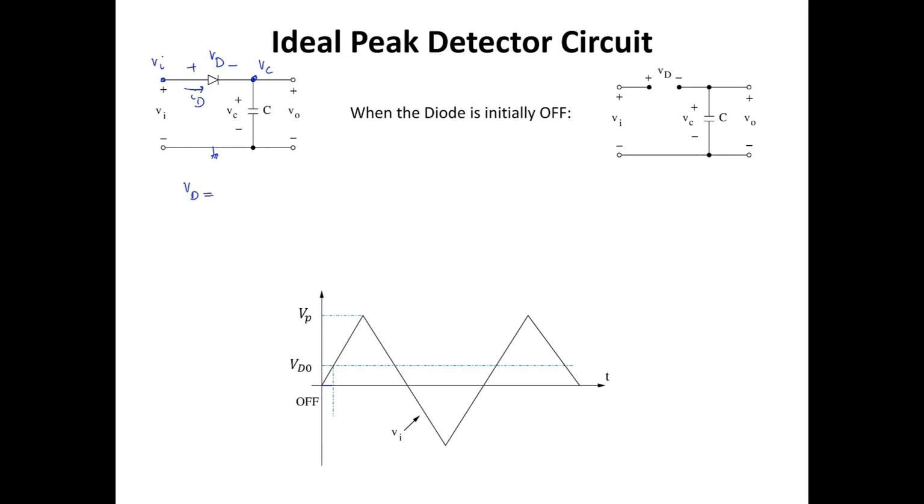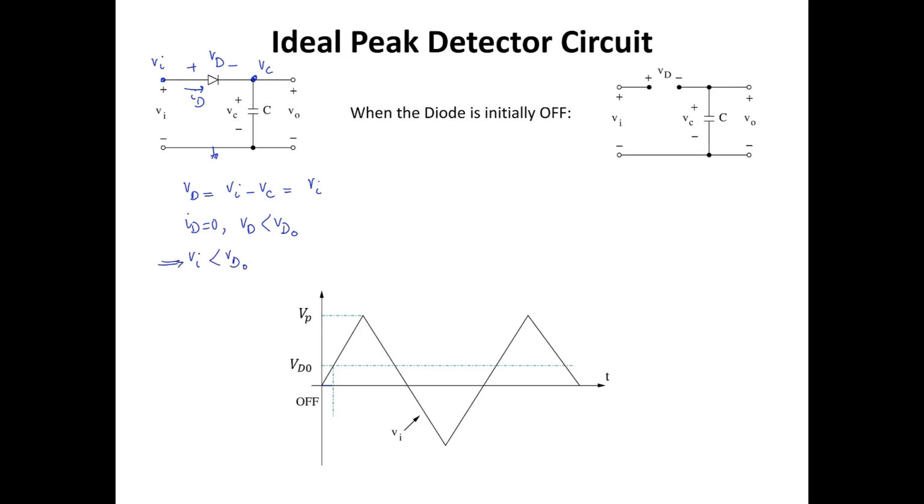So Vd is Vi minus Vc, and initially Vc is equal to 0, so Vd is equal to Vi. From there, when the diode is off, I know that Id is equal to 0 and Vd is less than Vd0. Because Vd and Vi are equal, that means Vi is less than Vd0.